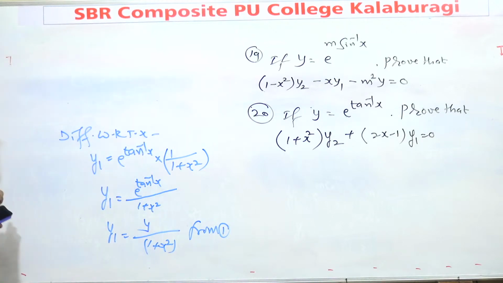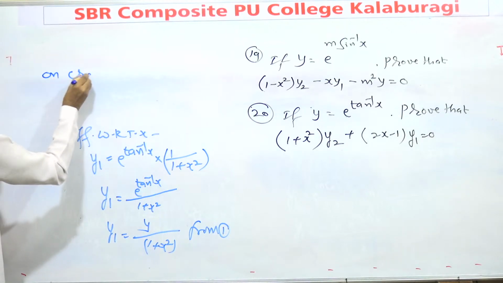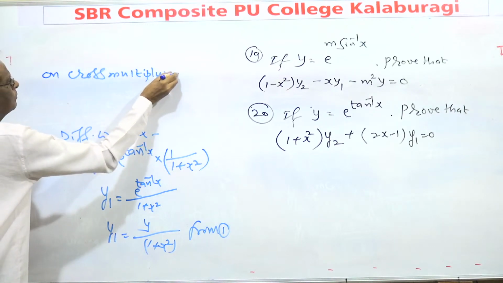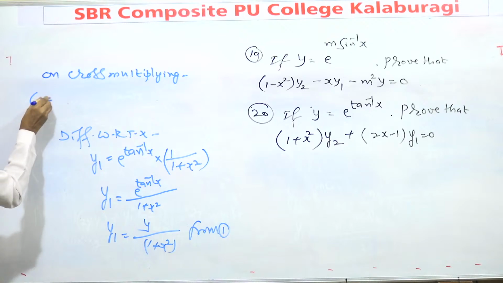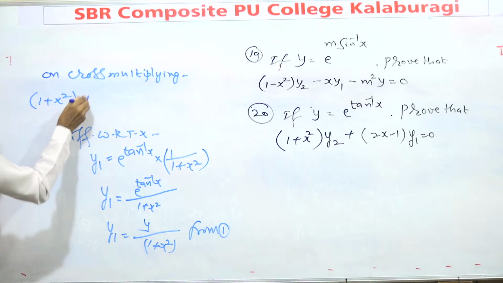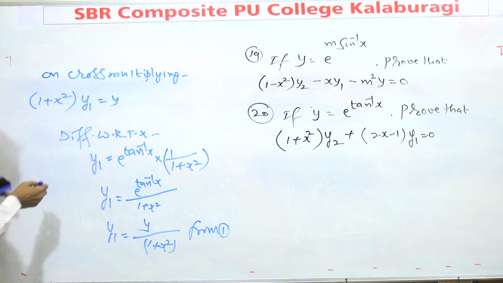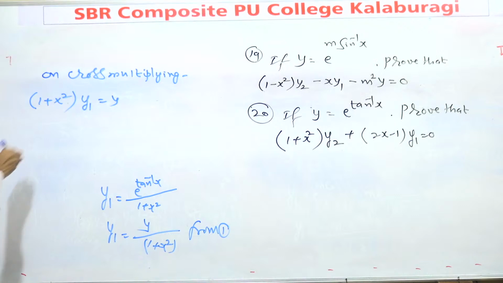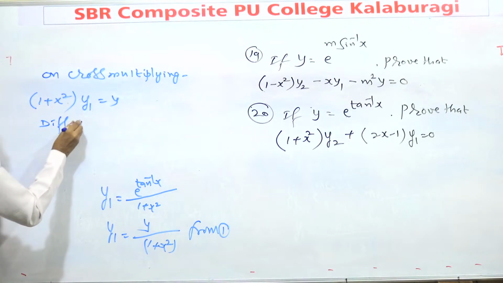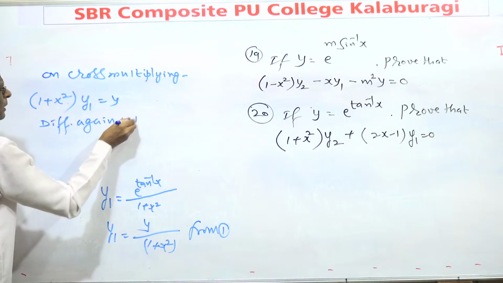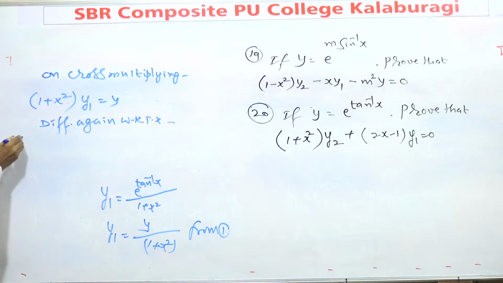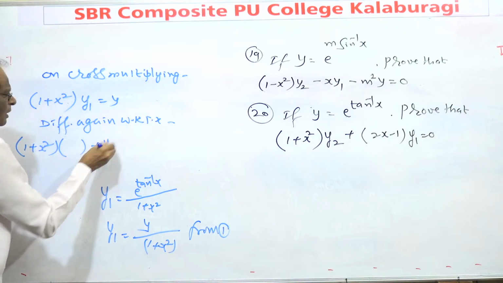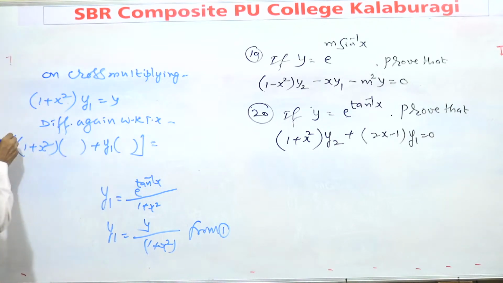On cross multiplying, one plus x squared into y1 equal to y. Differentiating again with respect to x. Bracket first function as it is, differentiate second function. The second function as it is, differentiate bracket.